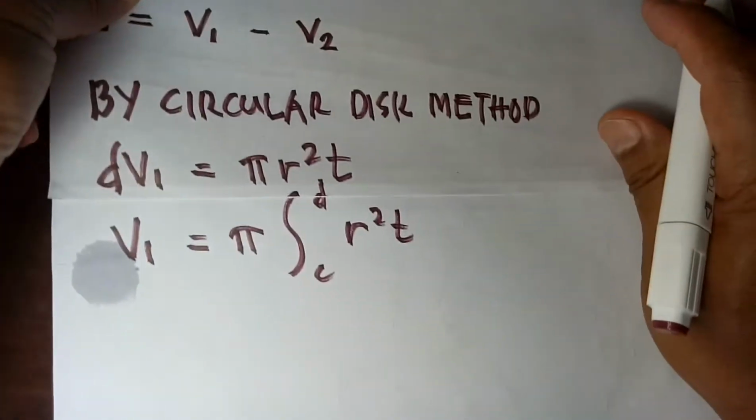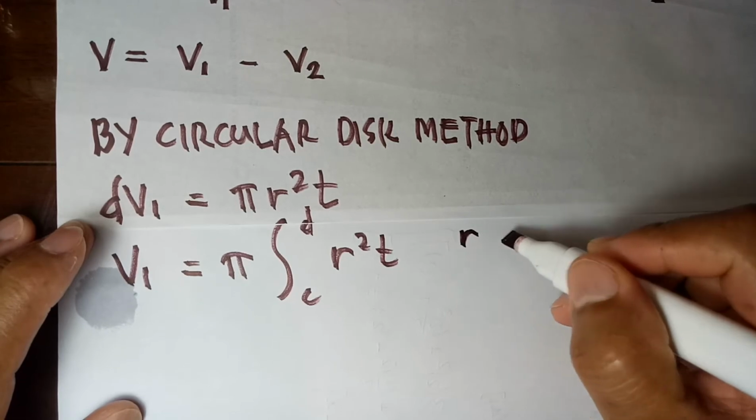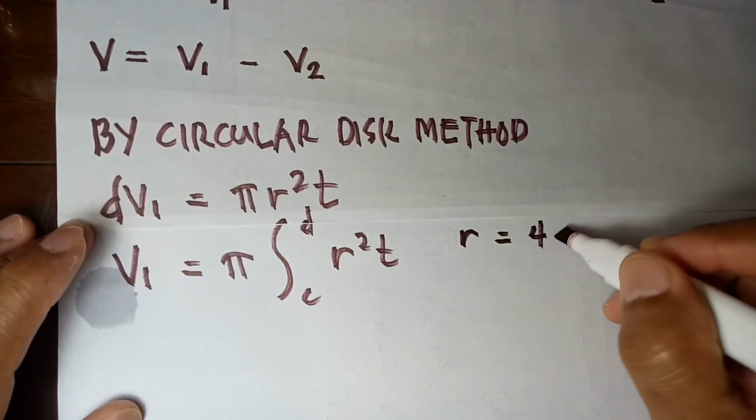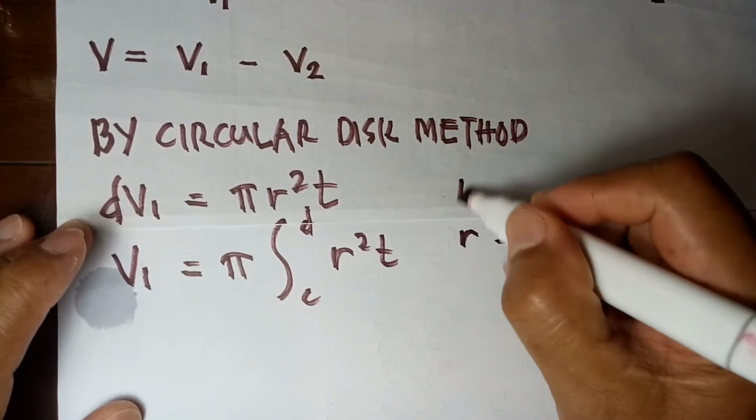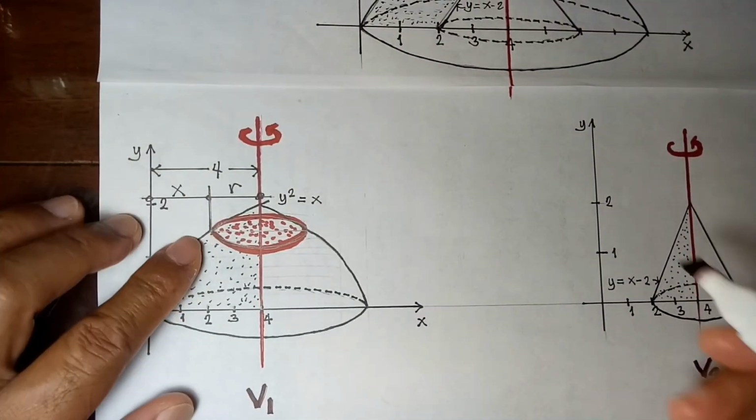Our r equals 4 minus x. Now, what is the thickness of the circular disc?